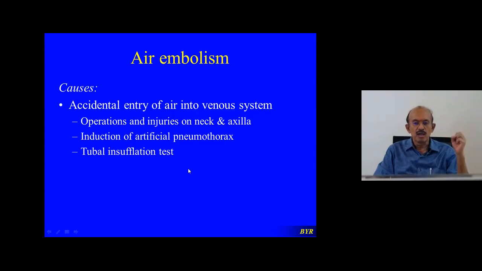So by pressing the bulb, air will be inflated into the uterus and this air will leak out through the fallopian tubes. You must keep a stethoscope over the right iliac fossa and later over the left iliac fossa, and you will hear the bubbling sound. That is the tubal insufflation test.